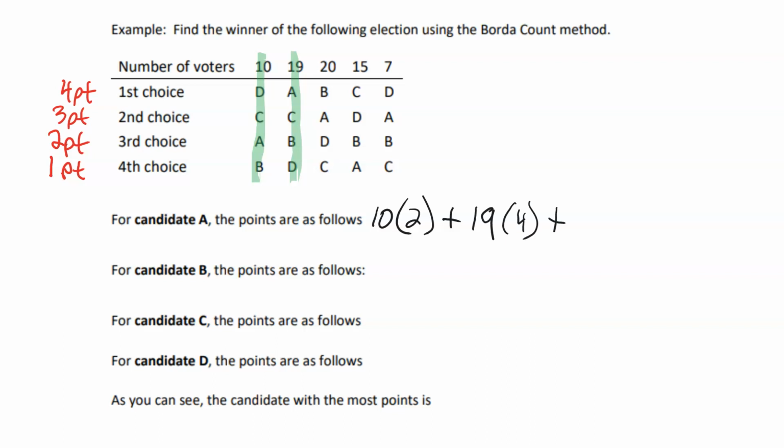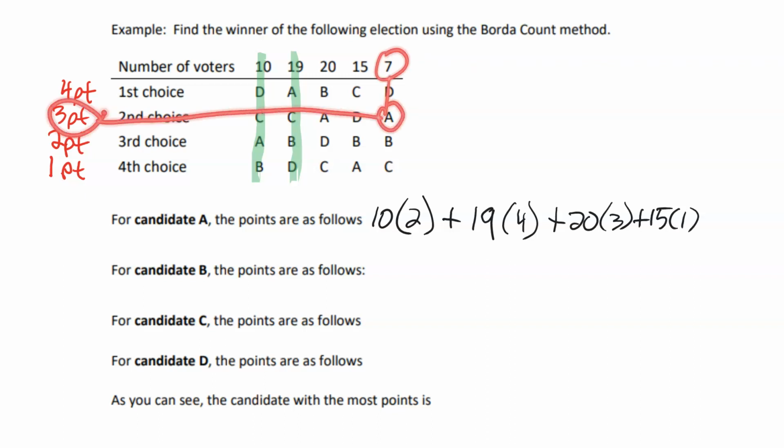Similarly, the 20 votes are worth 3 points each. The 15 votes are worth 1 point each. And finally, the 7 votes are worth 3 points each.